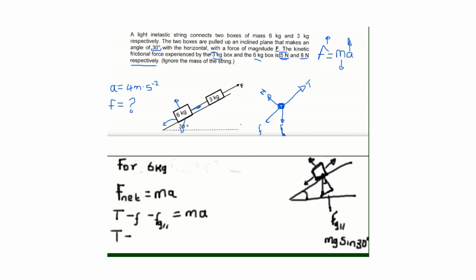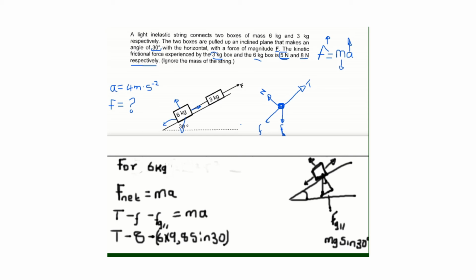So it's going to be tension, frictional force we are given, it's 8, minus Fg parallel, which we know is equal to mg sine 30. So we can write mg sine 30, which is mg, the mass is 6, multiplied by gravity 9.8, sine 30. We can even put brackets so that we don't confuse ourselves, and you can even put a multiply sign here so that it will be easier to follow, right?